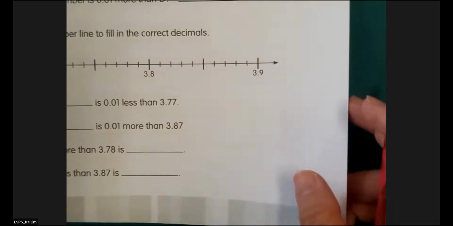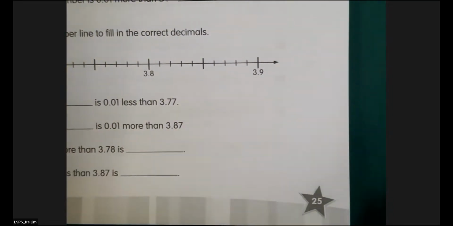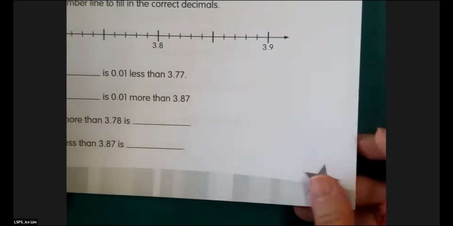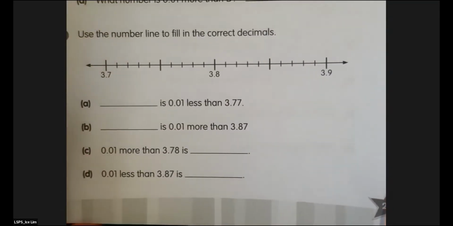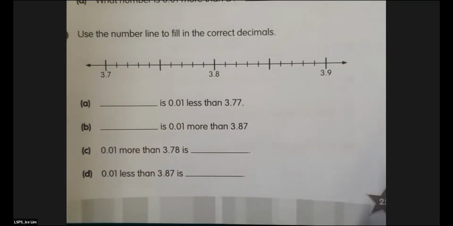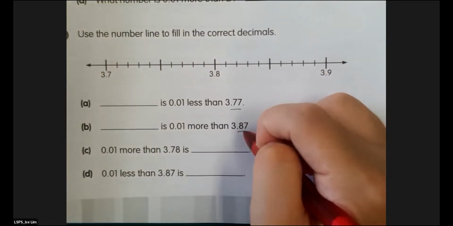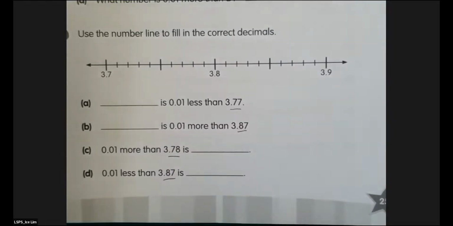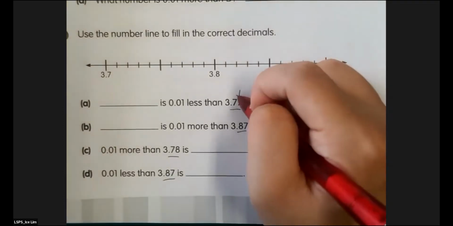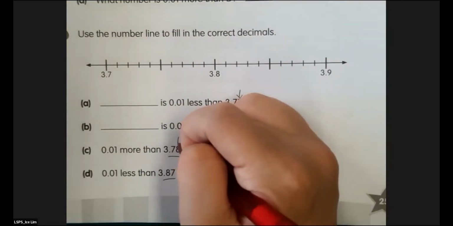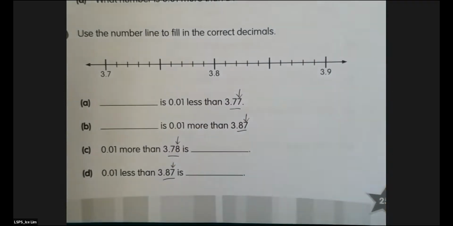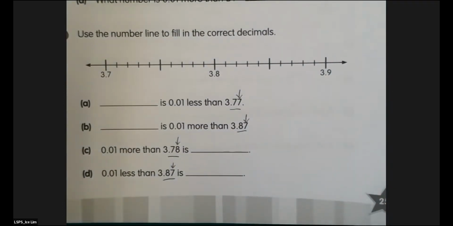Okay, that's this. If I look at a number line, for example, this here, fill in the correct decimals. Now, to help me with this, I noticed that the next decimal place is opened up. So it's not just 3.7 and 3.8.